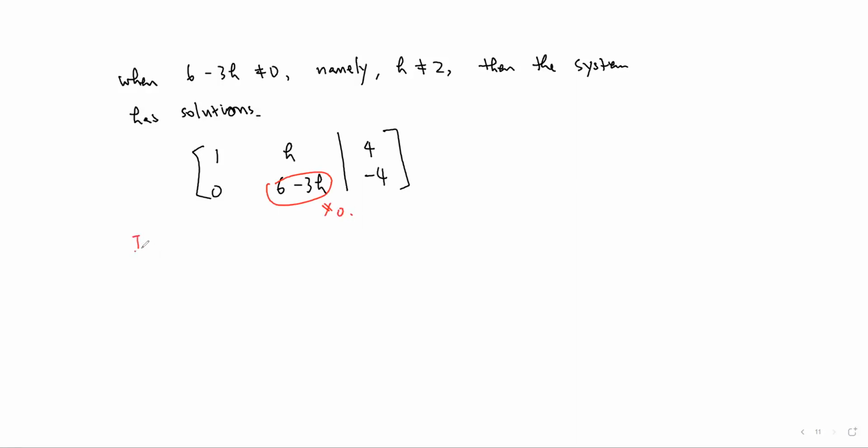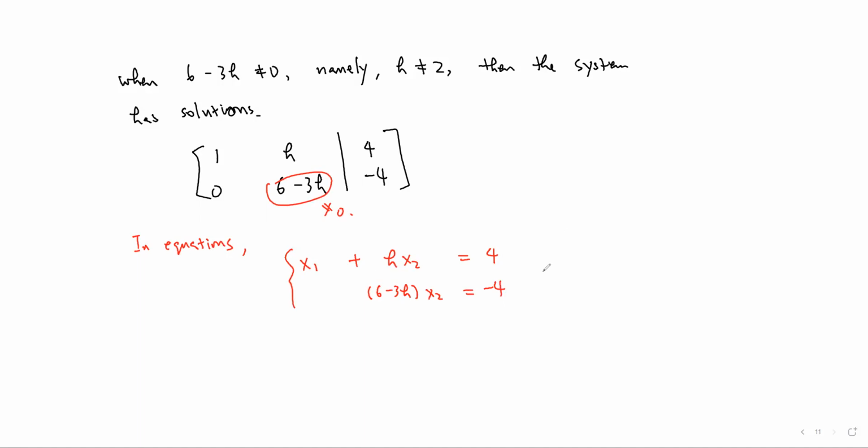In equations, this augmented matrix is x1 plus h x2 is 4. Second row is a non-zero number times x2 is negative 4. This linear system has a solution.